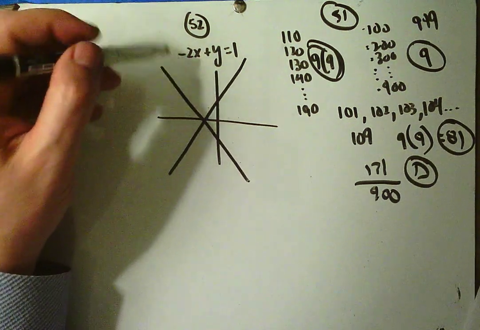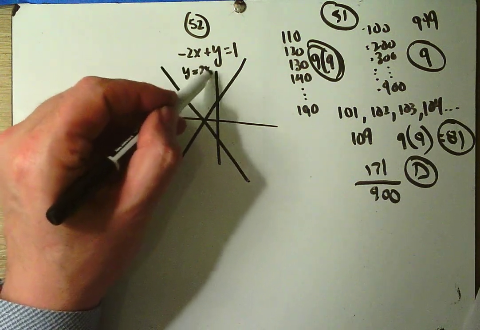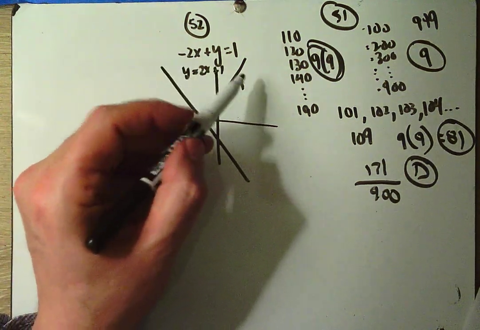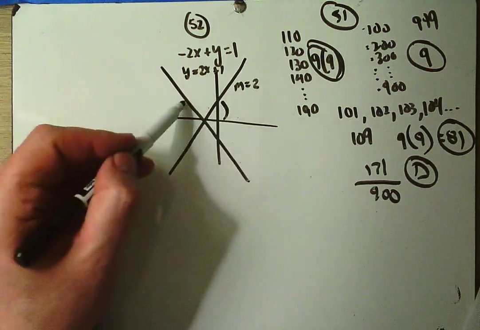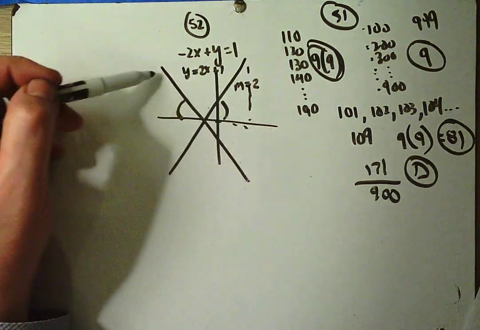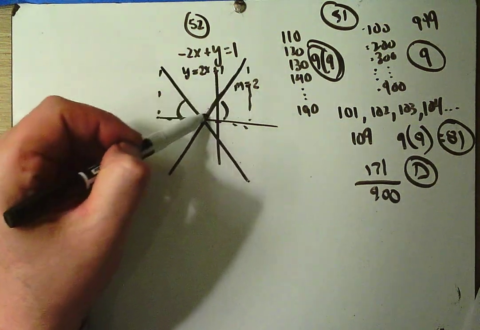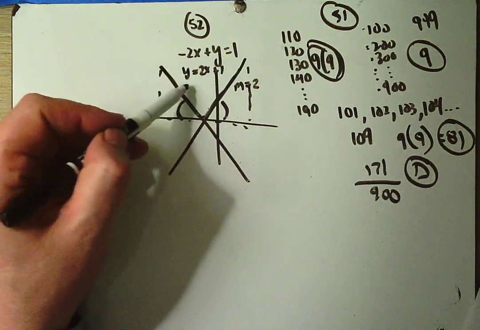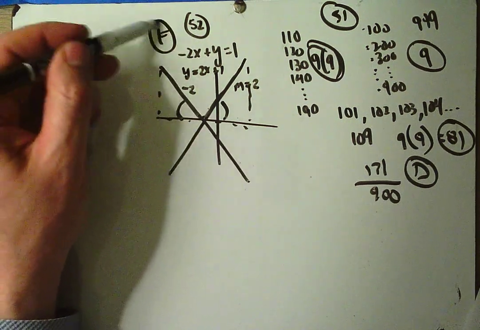So if I put this in slope-intercept form, I get y equals 2x plus 1. So I know the slope here is 2. Well, if this angle and this angle are the same, that means their tangent values are the same. Which means if this is a slope of positive 2, then here I'm looking at a slope of negative 2. And that's why choice F is my answer for 52.